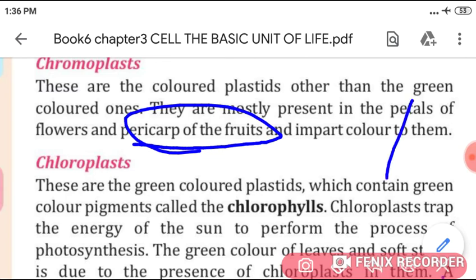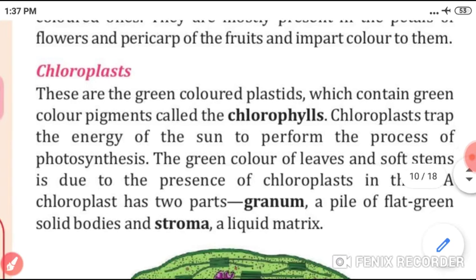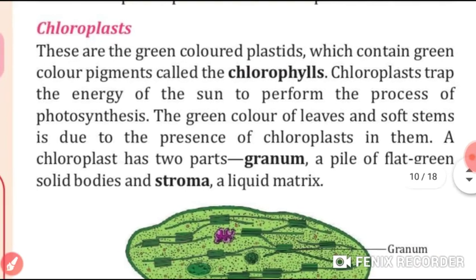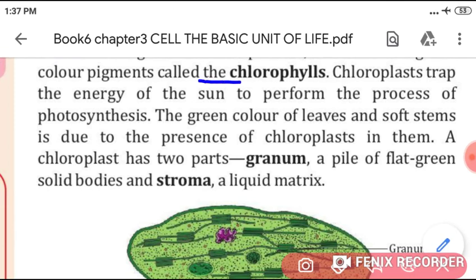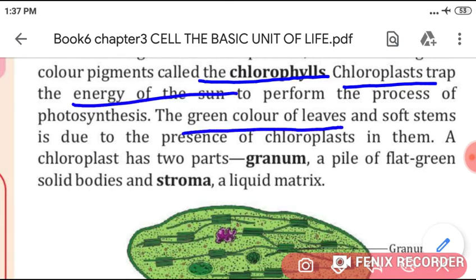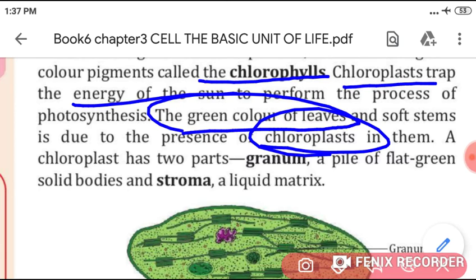Now students, chloroplast. Students, these are green colored plastids which contain green color pigment, and what is that called? You know very well, chlorophyll. Students, chloroplasts trap the energy of the sun. Okay, the green color of the leaves and soft stem is due to the presence of chloroplasts in them.